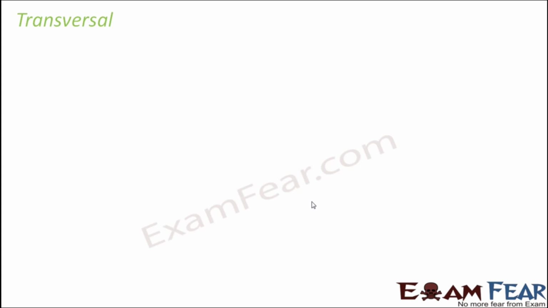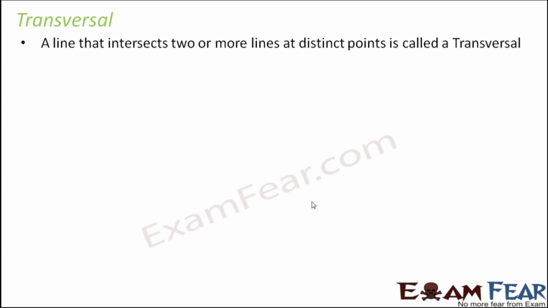So now we talk about another interesting line, that is transversal. So what is transversal? It is a line that intersects two or more lines at distinct points. That's interesting. So why do we call it a transversal? Okay, first let's see what it is like. Let's say you have two different lines like this.